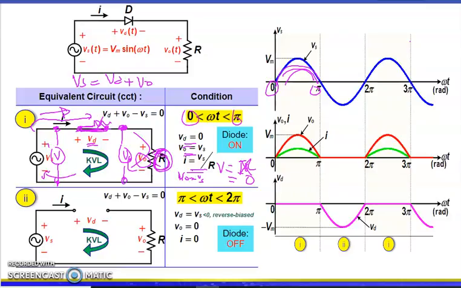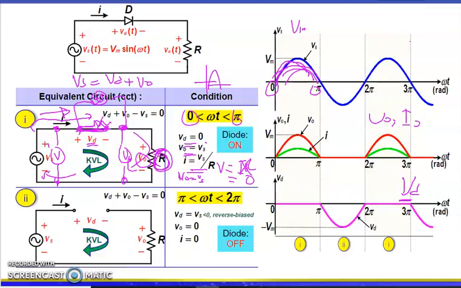From all the values here, for the condition of the positive cycle, we can plot the waveform. This is your V in, this is your V out and I out, and this is the response of your VD, when we measure the voltage across the diode.